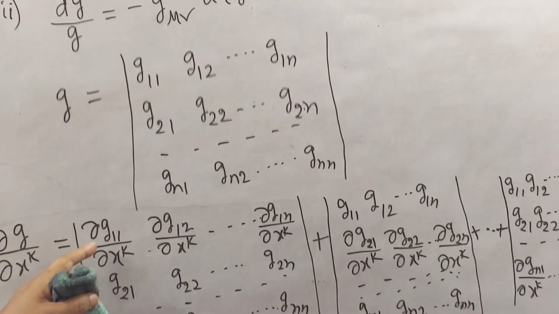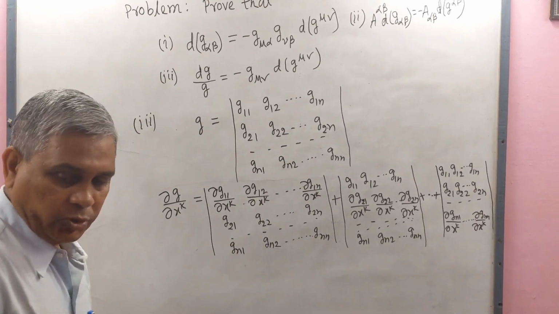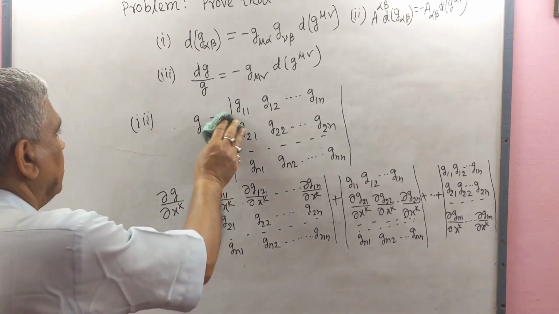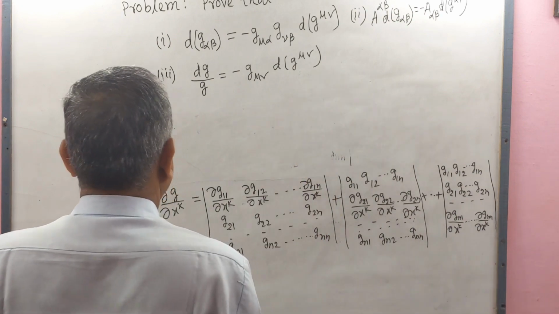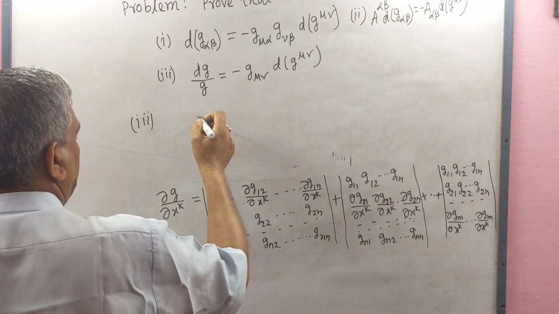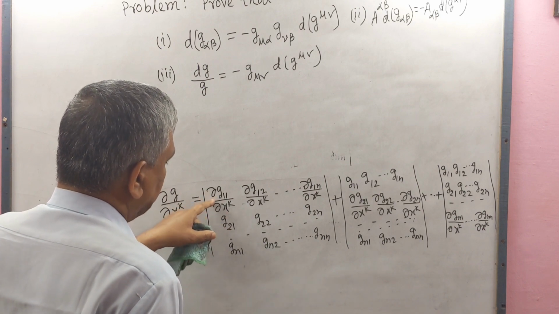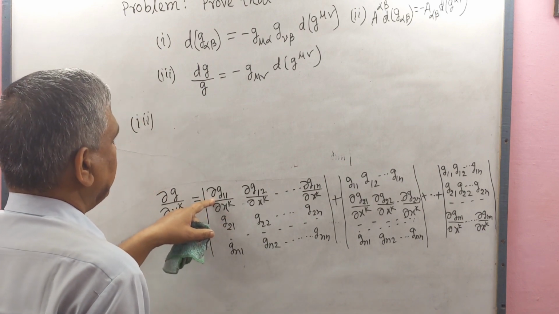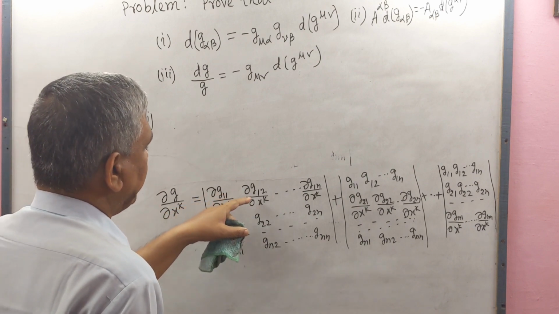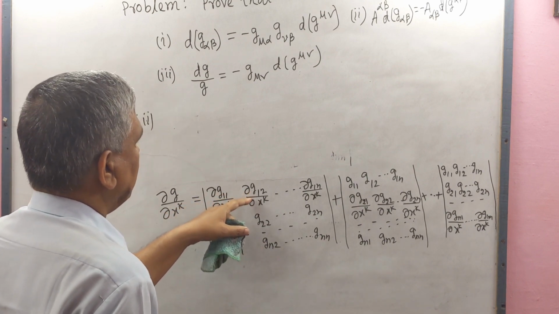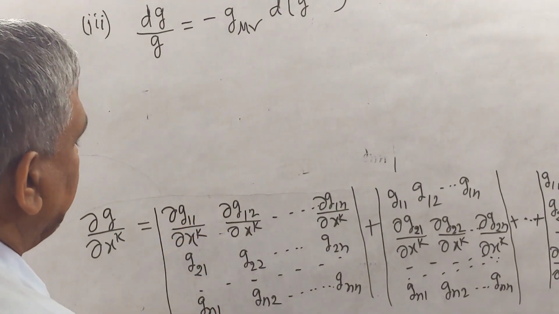If we take determinant of this row, we will get cofactor of this element multiply by this element plus cofactor of this element multiply by this element.